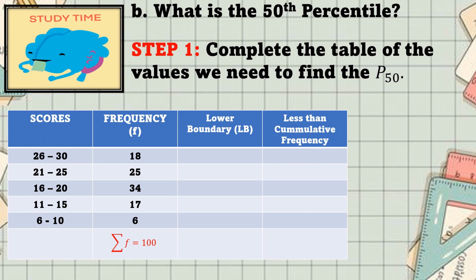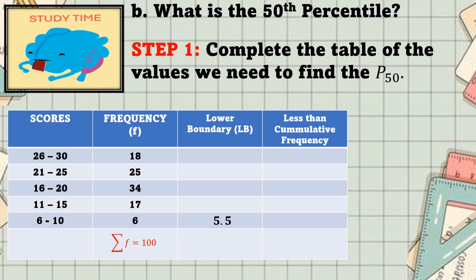So the first thing that we should do is to prepare a column for our lower boundary or LB and the less than cumulative frequency or the less than CF. The definition of our lower boundary and the less than cumulative frequency was discussed during quarter 4, week 2 of our project CLAID. Please visit them again.